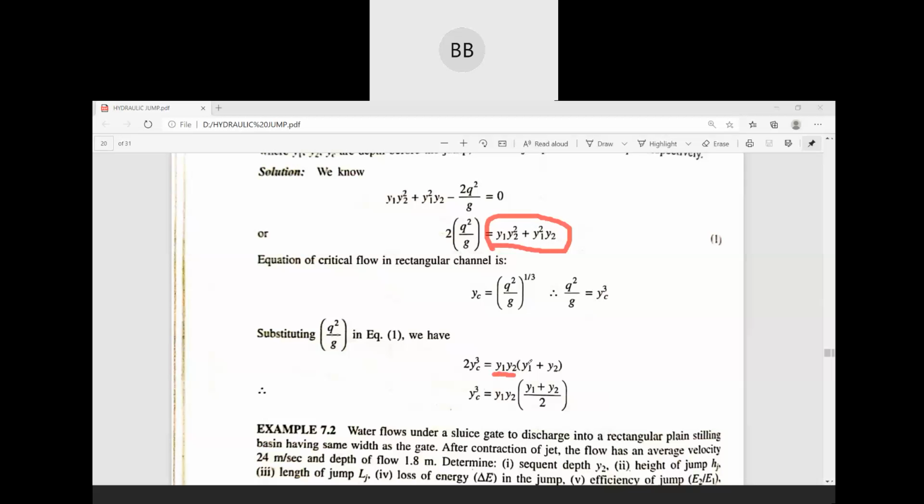The left out is y1 square, so we will be having y1, plus y2 square, so you'll be having y2. Then this 2, if you bring in the right hand side, it will be divided by 2. Okay, it's very simple.